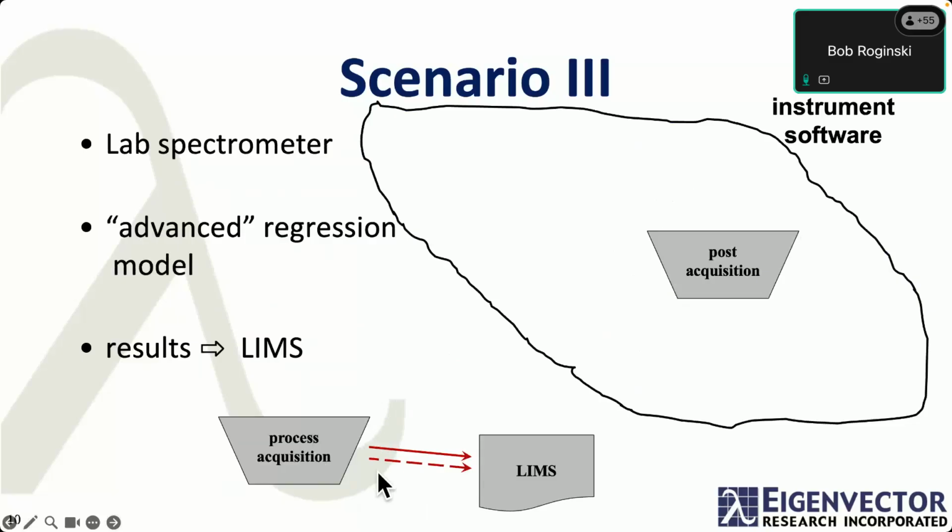Or the dashed line, again, things are being done without guidance from the instrument software. So the process acquisition software will have the ability to process the acquisition by applying the models to the data and then send them directly to the LIMS.